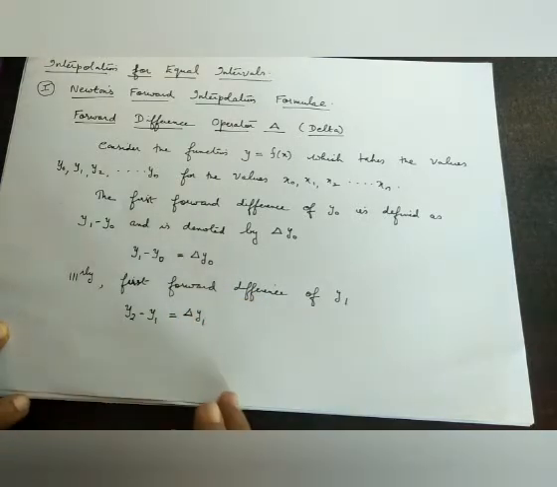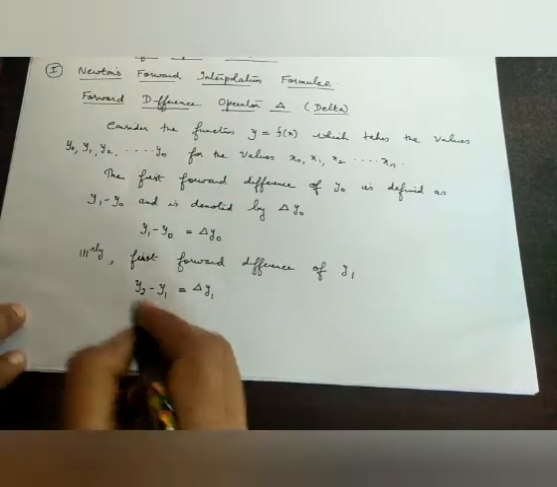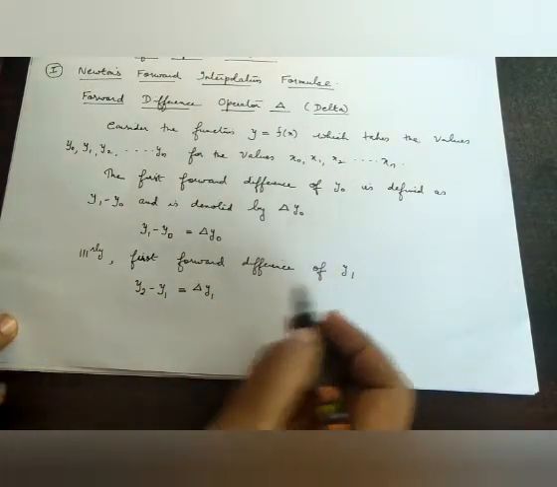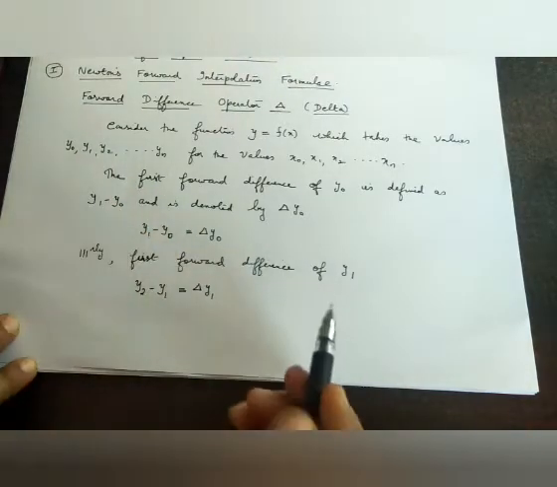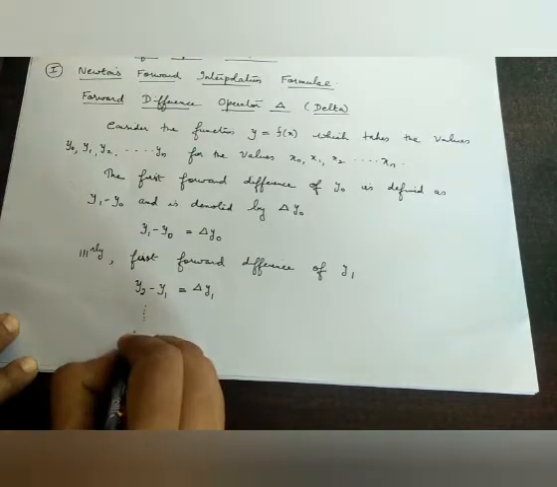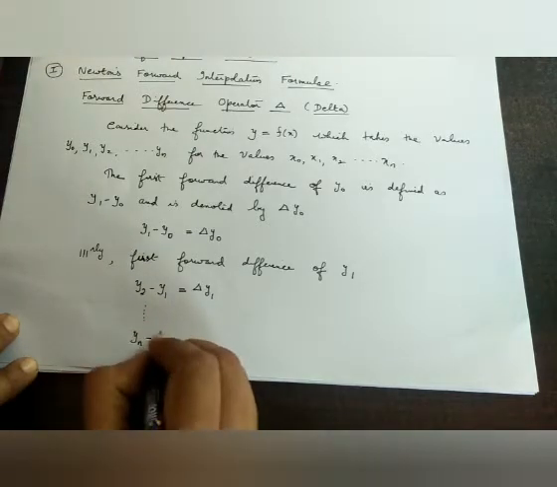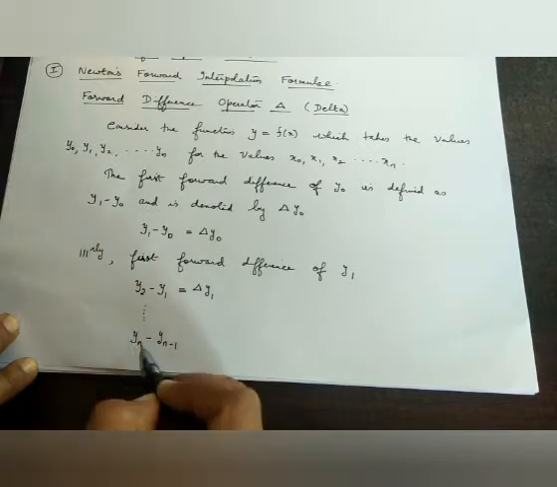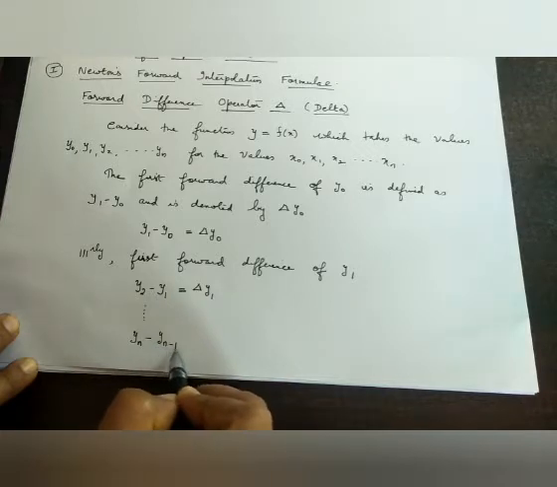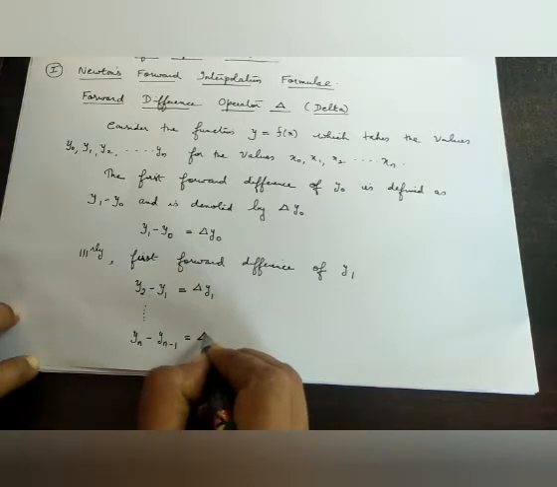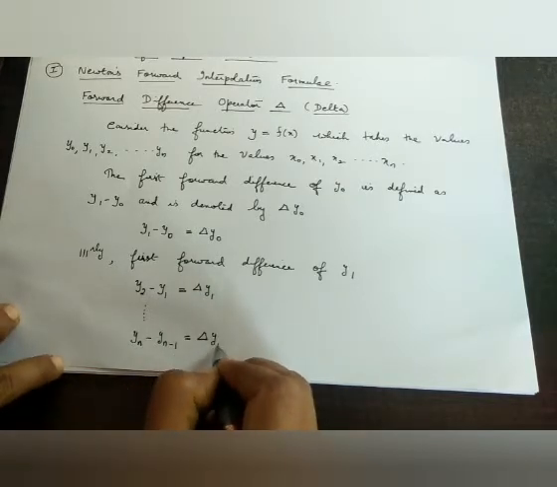Now, the first forward difference of y2 can be y3 minus y2, etc., up to yn minus yn minus 1, which is equal to delta yn minus 1.